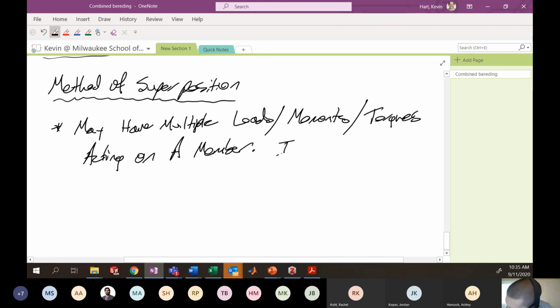If so, you have combined loading. That's kind of our definition of combined loading.